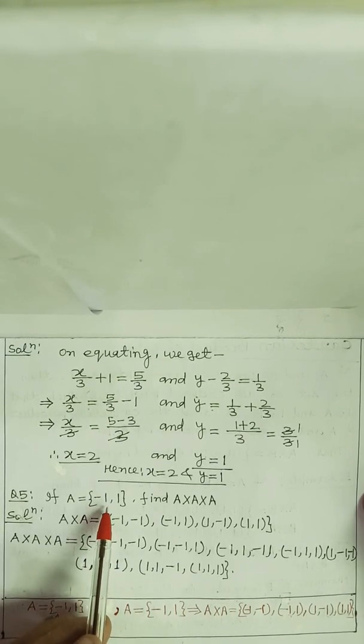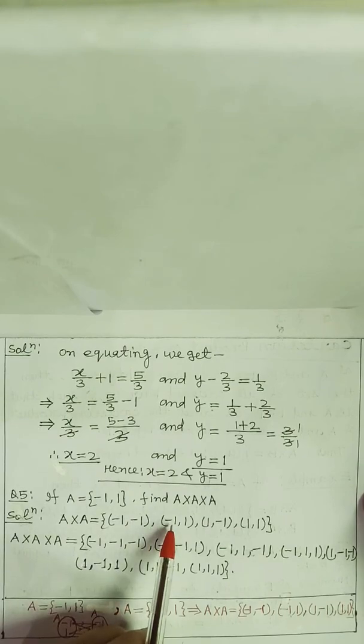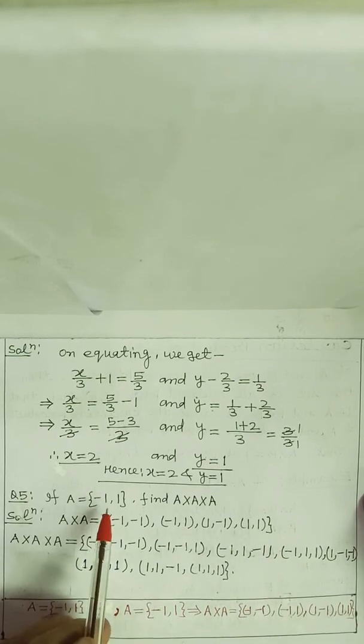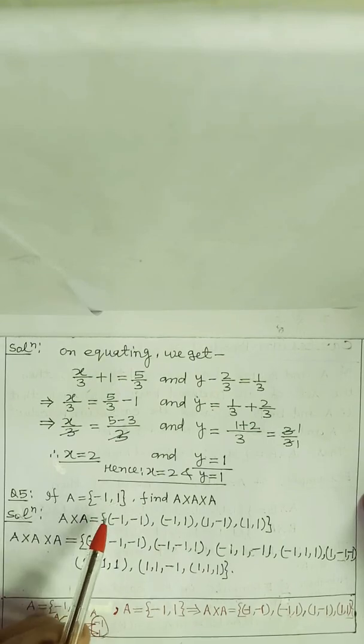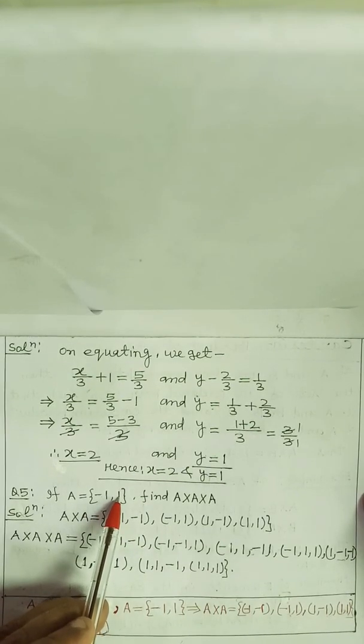And second ordered triplet, (-1, -1, 1), third (-1, 1, -1), fourth (-1, 1, 1), and here fifth (1, -1, -1), sixth (1, -1, 1), seventh (1, 1, -1), eighth (1, 1, 1).